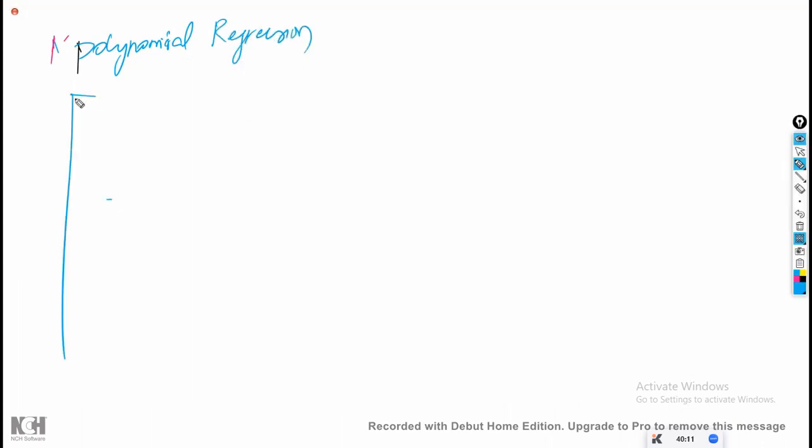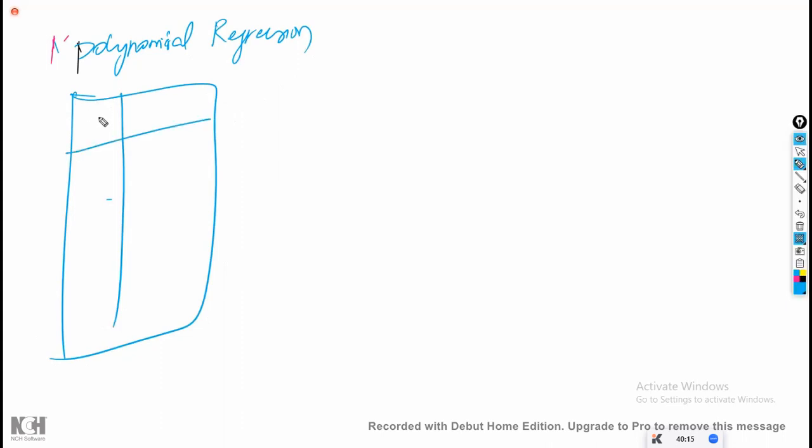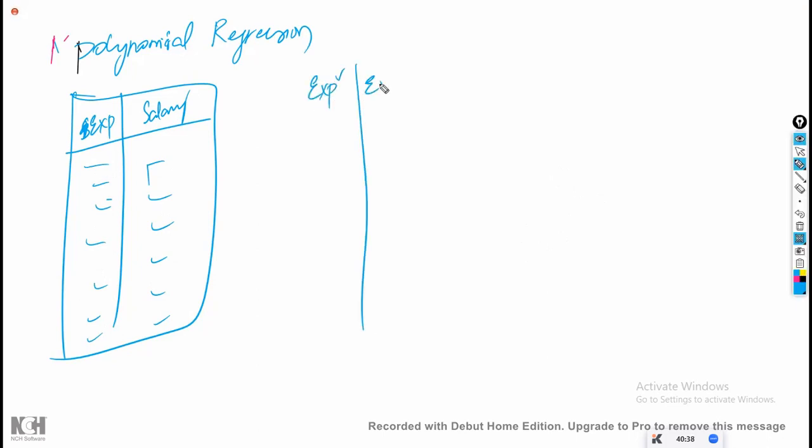If I'm having one input variable X, like experience versus salary, first you apply linear regression. If the linear regression is not proper, you apply non-linear regression, that is, polynomial regression. For that, you add an experience square column along with the salary column.